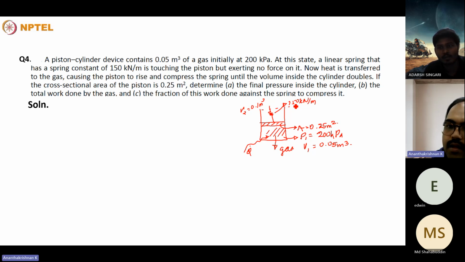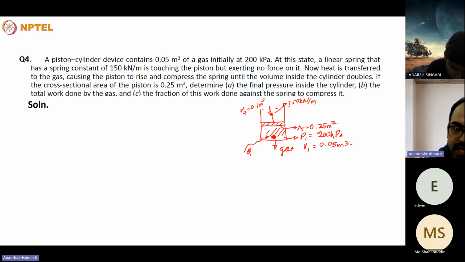If the cross-sectional area of the piston is 0.25 meters squared, we have to determine the final pressure inside the cylinder, the total work done by the gas, and the fraction of the work against the spring to compress it.